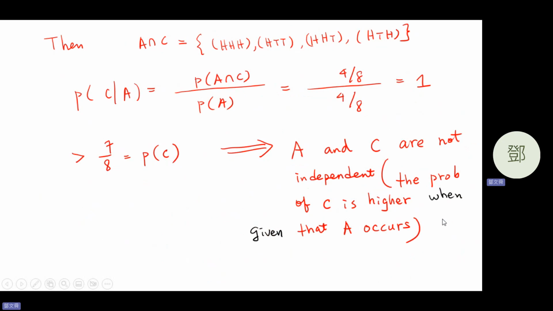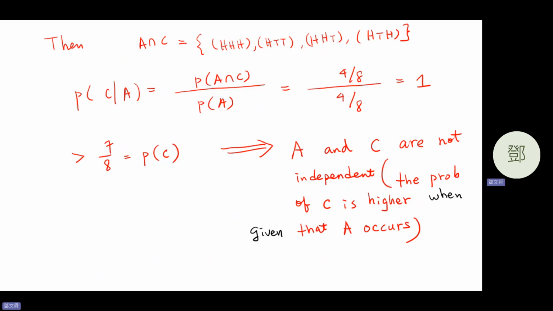So what is the intersection of A and C? The intersection is HHH, HTT, HHT, and HTH. All right? And what is the probability of C given that event A occurs?